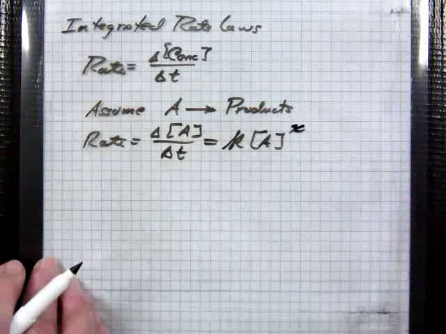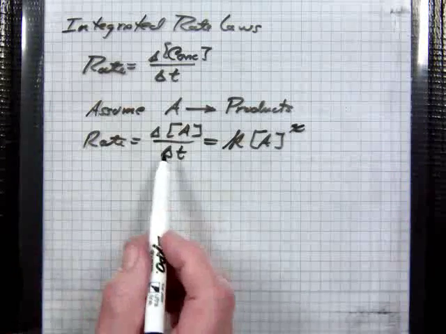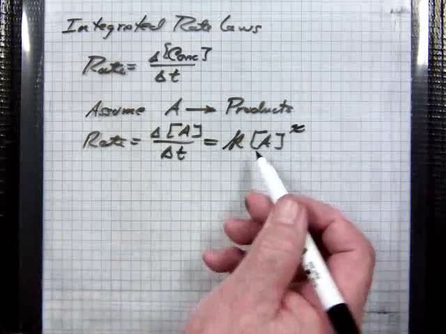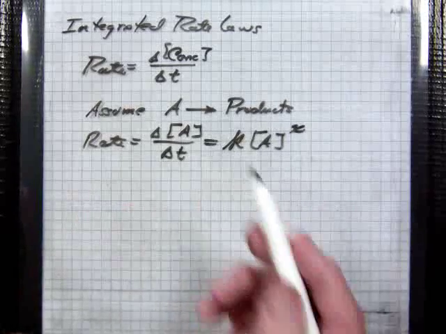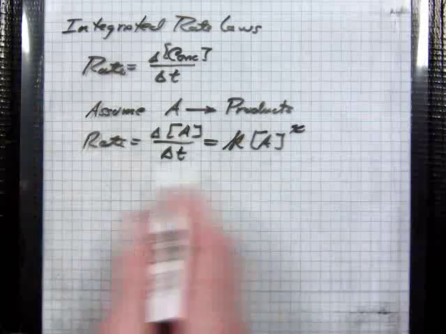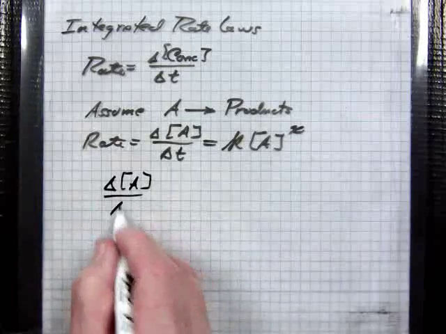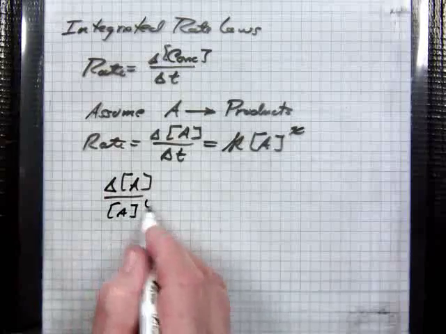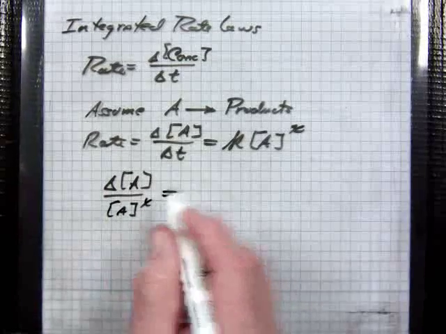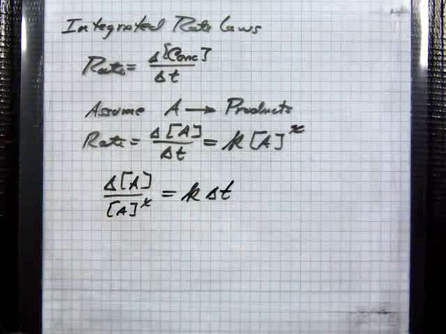Now, in determining what we call an integrated rate law, we have to apply the differential relationship. And what that essentially says is that we have to rearrange this expression to look like this: change in A over concentration of A raised to the x power is equal to k times the change in time, and that's a differential relationship.